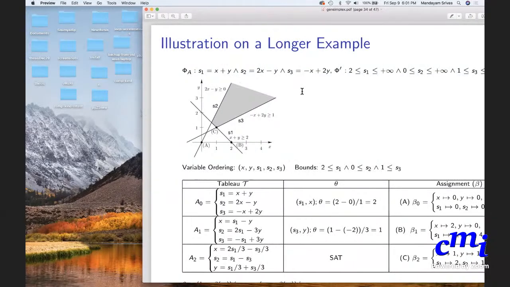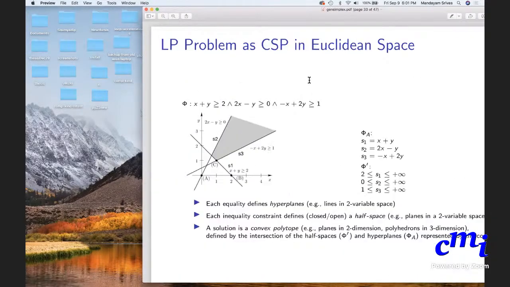By the way, I skipped this slide. Sometimes it is useful to view this constraint solving problem, the LP problem, in Euclidean space. After the transformation, what it has is a bunch of equalities and the bound constraints on all the variables.